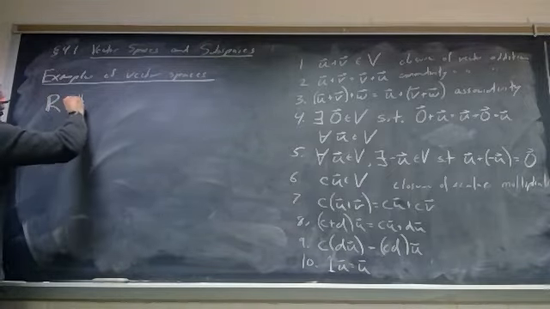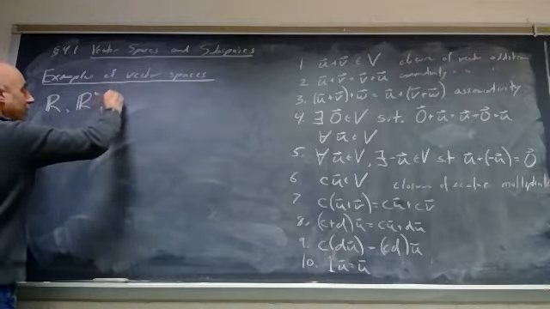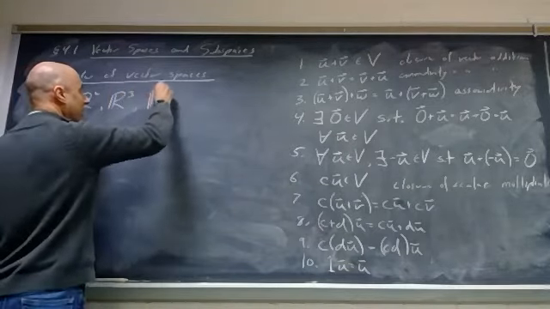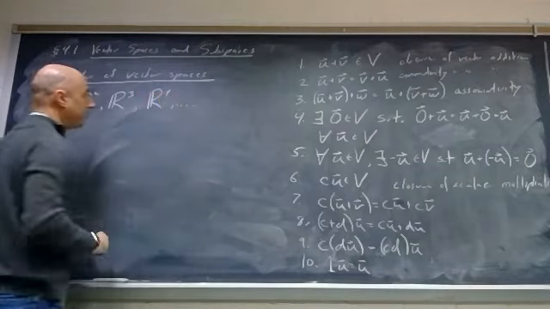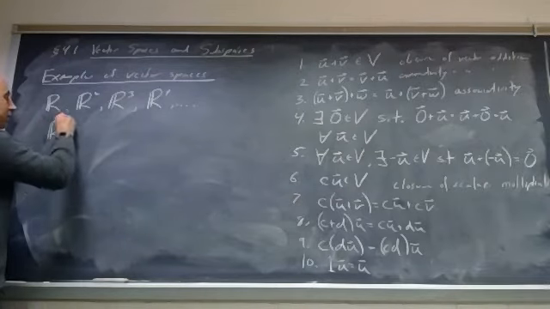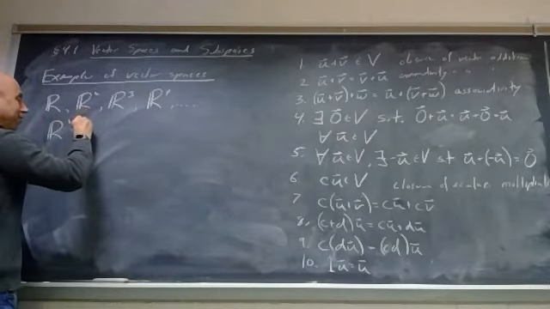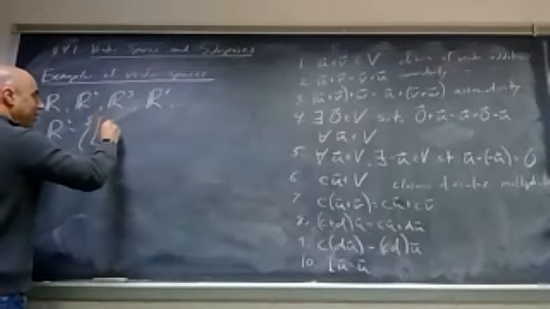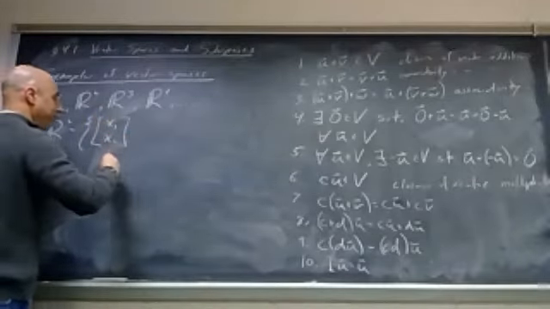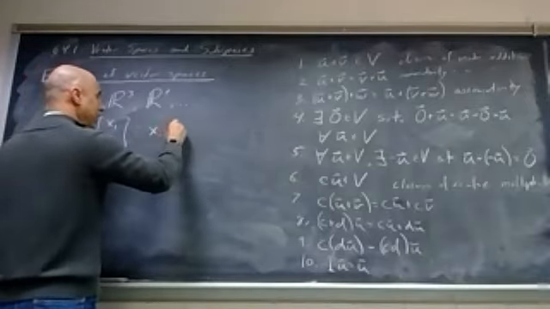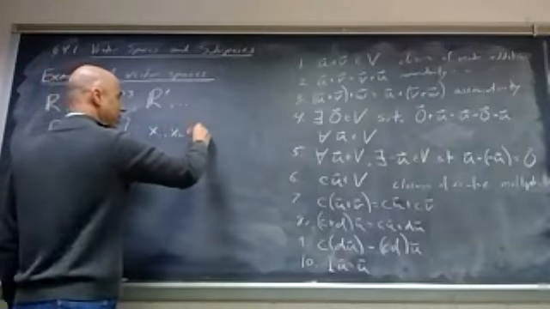Rn for R2, R3, all these vector spaces we've been talking about so far. So R2 is, remember, just the set of all vectors (x1, x2) such that x1, x2 are both real numbers.